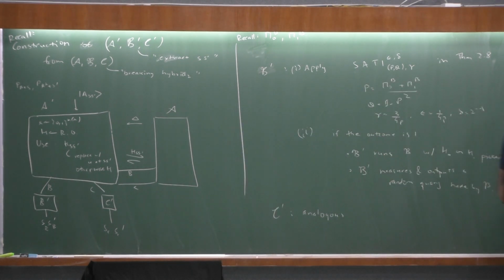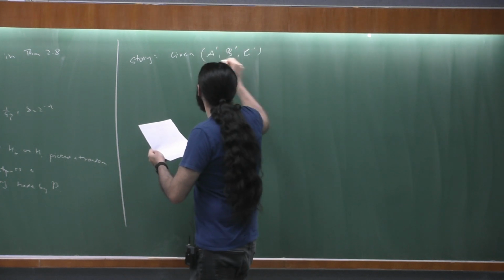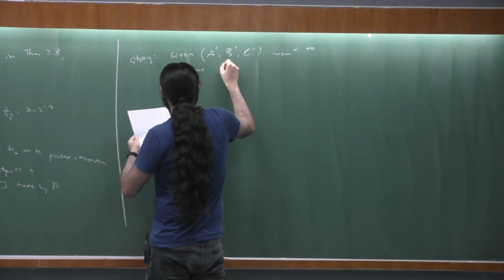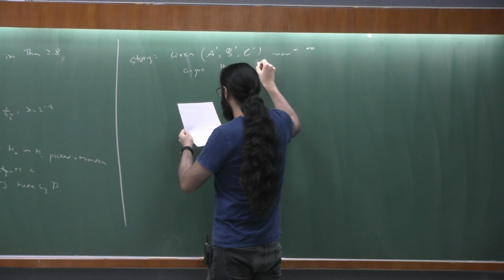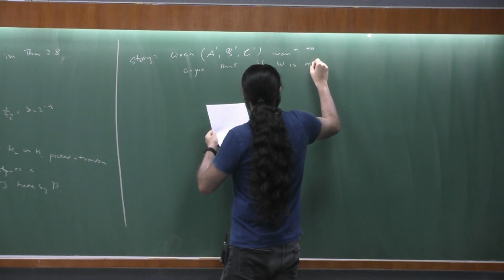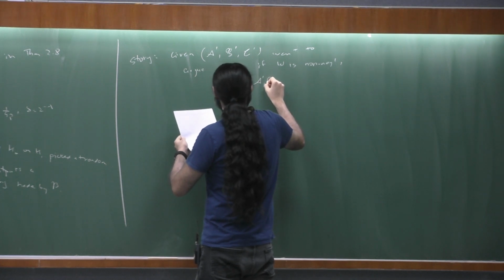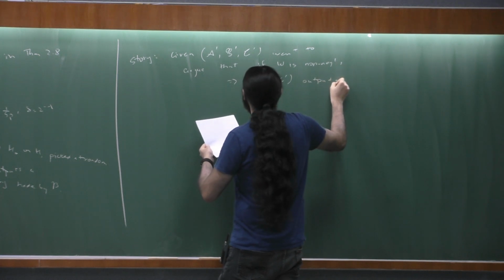Okay, so the story is that given this A prime, B prime, C prime, we want to argue that if W is non-negligible, it implies A prime, B prime, C prime output S, S prime.